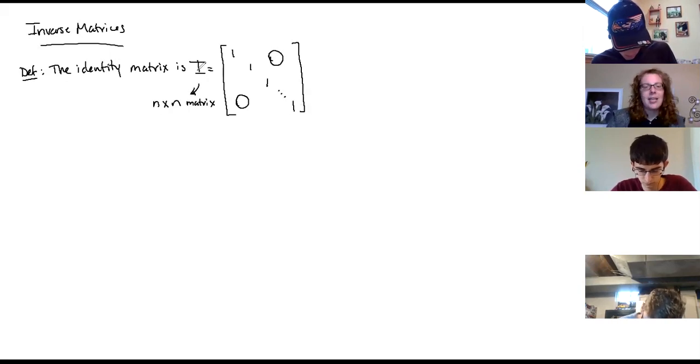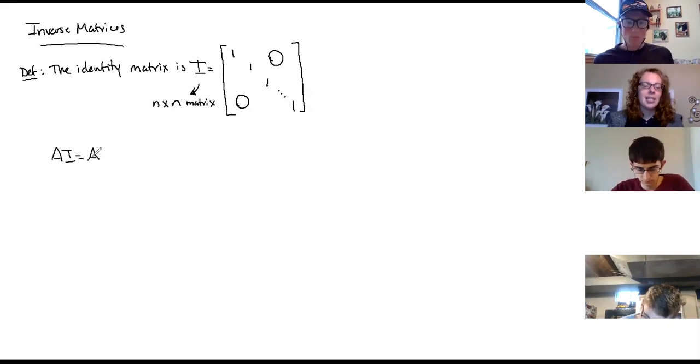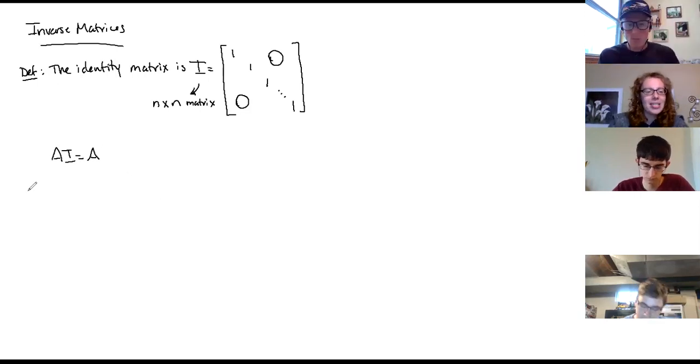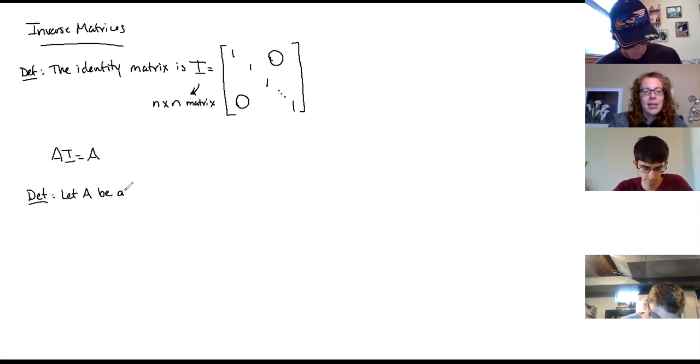The reason that this is the identity matrix is because A times I is equal to A. If we were in linear algebra, we would prove that as well. We are not proving things in here. So that is why this is called the identity matrix. And then we can talk about inverses. So if I do a definition, let A be an n by n matrix.